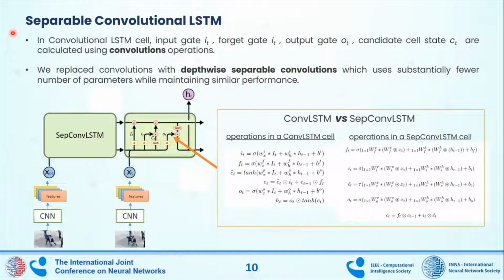Let's look at an integral component of our proposed system, which is separable convolutional LSTM. Unlike a regular convolutional LSTM cell, where the input gate, forget gate, and output gate are computed using convolution operations, in the separable convolutional LSTM cell, these convolution operations are replaced with depth-wise separable convolution. This reduces the number of parameters substantially while maintaining similar performance.